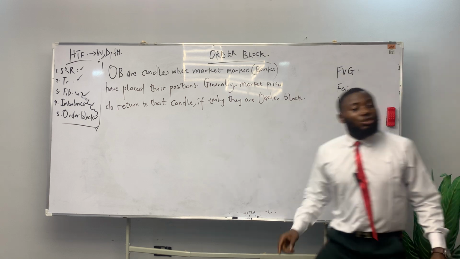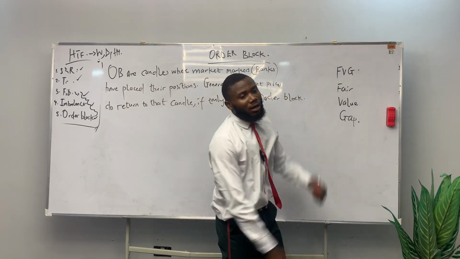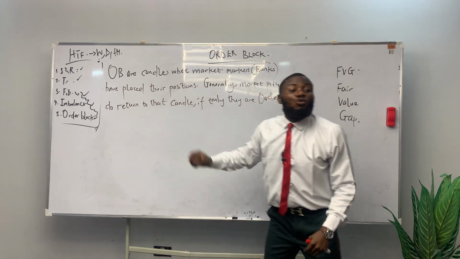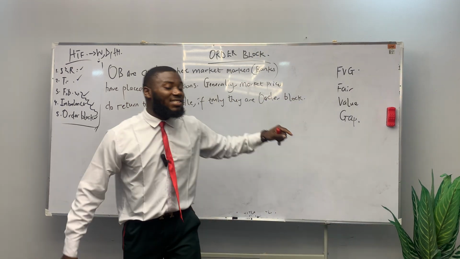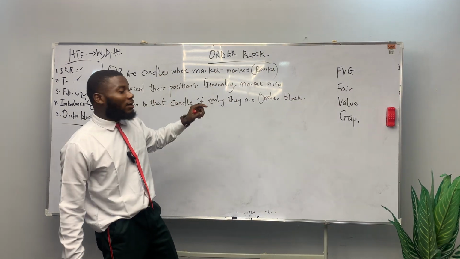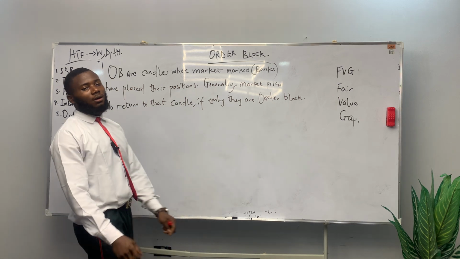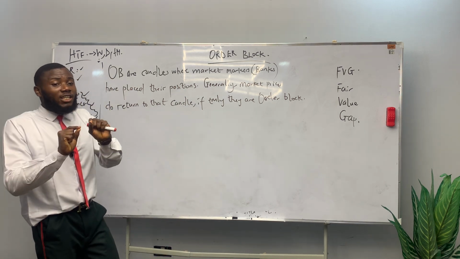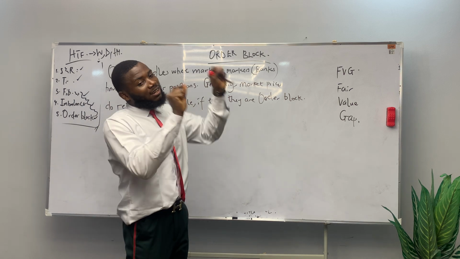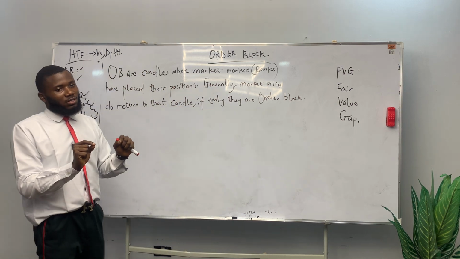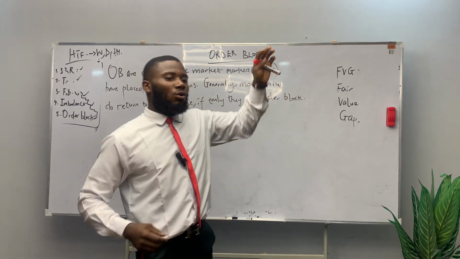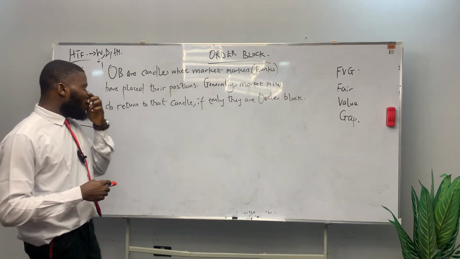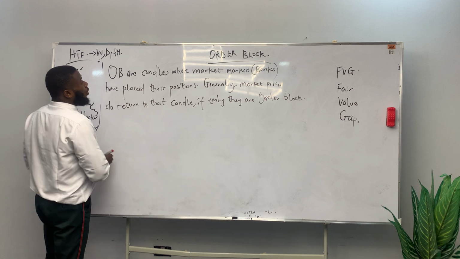So in imbalance you spot the gap, in order block you spot the candle. Market generally goes back to that candle and continues its movement. There are two types of order block.